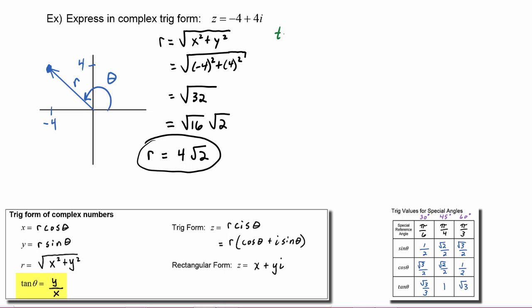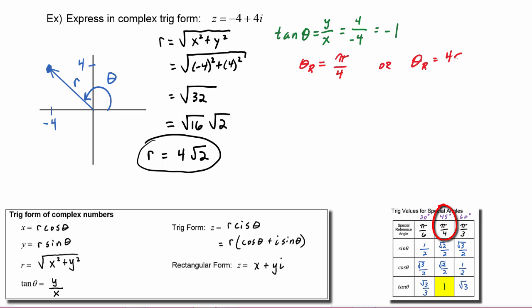We know that tangent of theta is equal to y over x. The y value is 4. X is -4. This reduces to -1. Referring to our special angle chart, we know that the reference angle is equal to pi over 4 in radians, or 45 degrees.